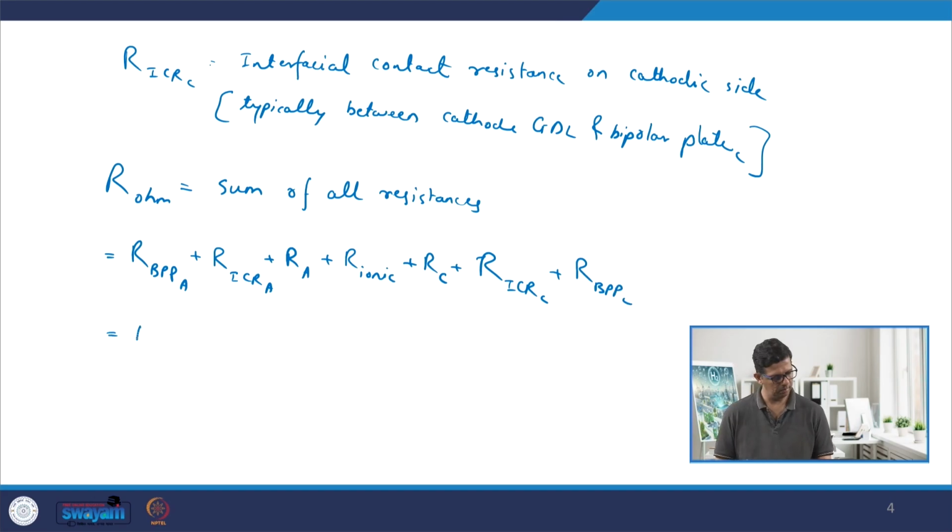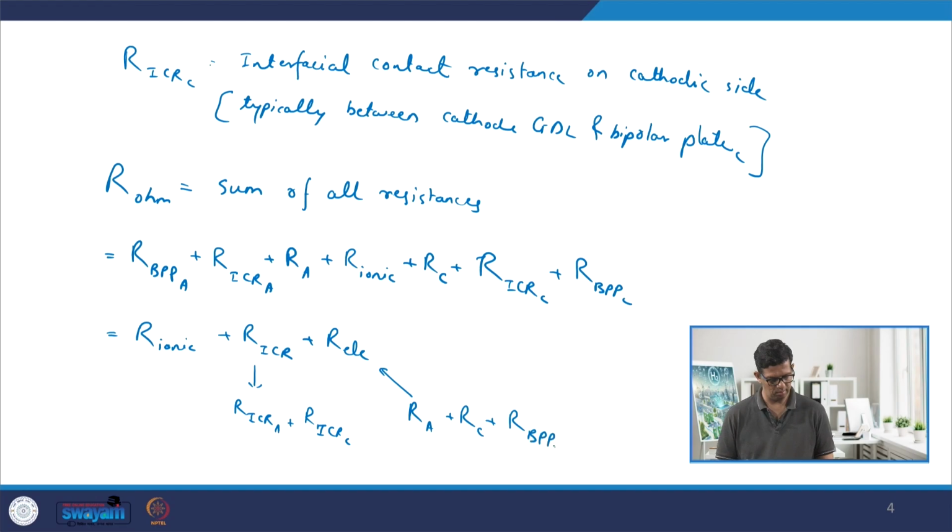Let us take this R ionic on one side and the ICR together. So this is total ICR, which is R ICR anode plus R ICR cathode, plus R electrical. This electrical resistance typically includes the material resistances: R anode plus R cathode plus R bipolar plate anode plus R bipolar plate cathode.